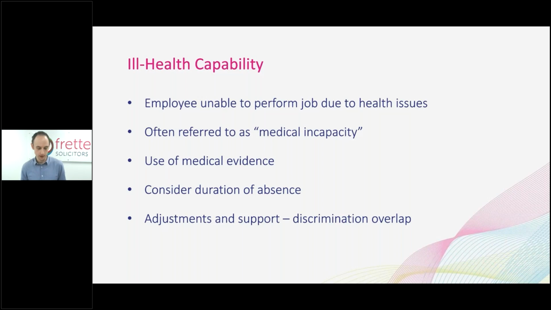So what we want to be thinking about, particularly in use of the medical evidence that we may have access to, is the duration of the absence, the duration of the illness itself, the prognosis and how long those two issues are likely to last, which may require specific medical evidence in its own right, any possible adjustments and any possible support mechanisms that we may be able to implement. As I've hinted there on the bottom of the slide, this is one of those areas where we also need to be conscious of discrimination, particularly where the ill health is potentially caused by a disability, and I will come back onto that in more detail towards the end of this session.